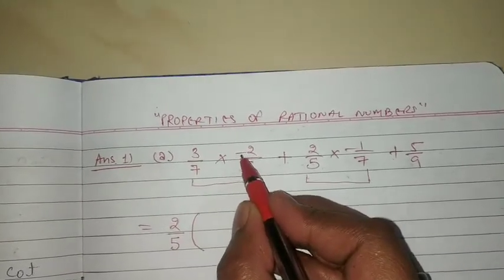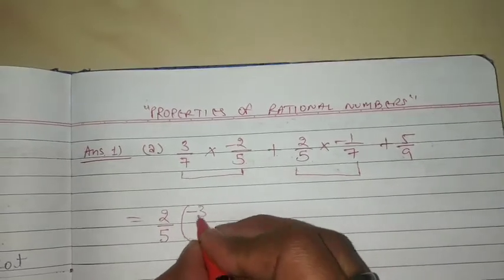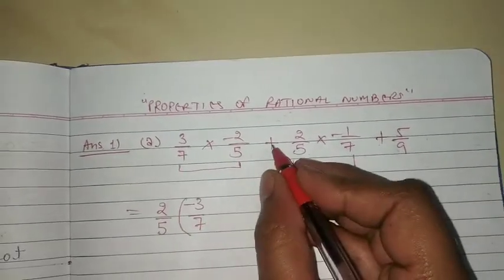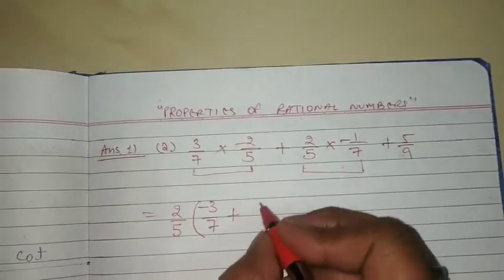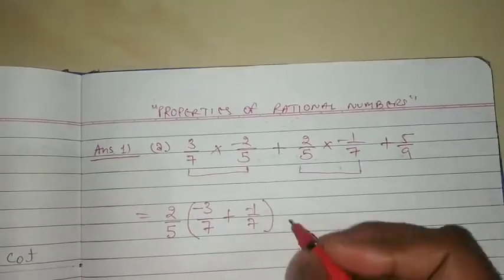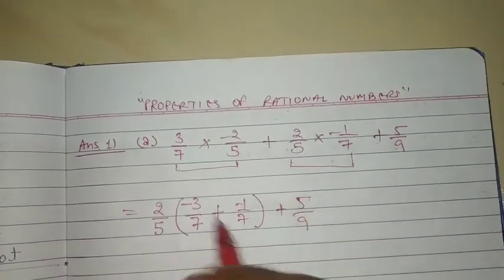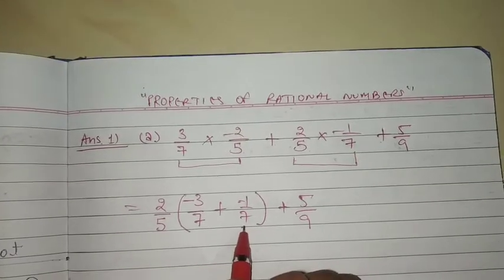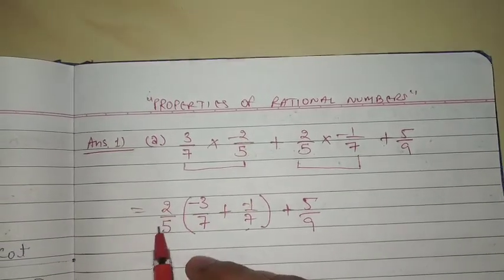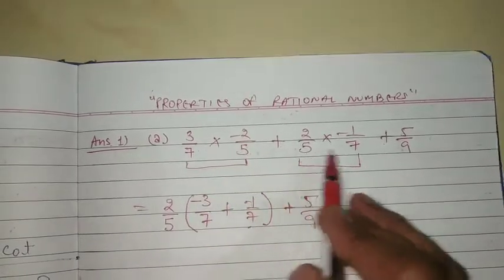Minus 1 will be left, so this can be written as 3 by 7 into minus 1, which is minus 3 by 7, plus, now minus 1 by 7 will be left, and the last term will remain as it is. Here we use the distributive property of multiplication over addition. How? Because a into (b plus c) is equal to a into b plus a into c.